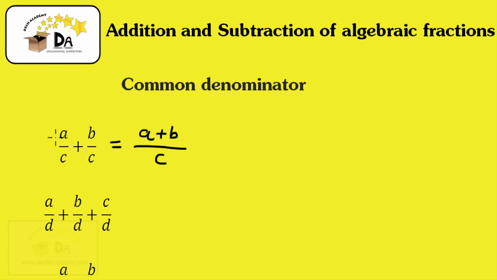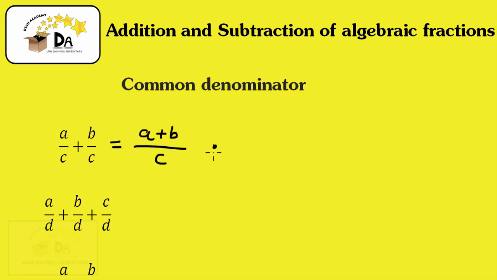So in this case, the denominator of the resulting fraction is the same as the denominator of the original fractions. The numerator of the resulting fraction is given by a plus b. You basically just pick the numerator of the first fraction, then observe the sign, note it down, and you pick the numerator of the second fraction. And it's as simple as this.